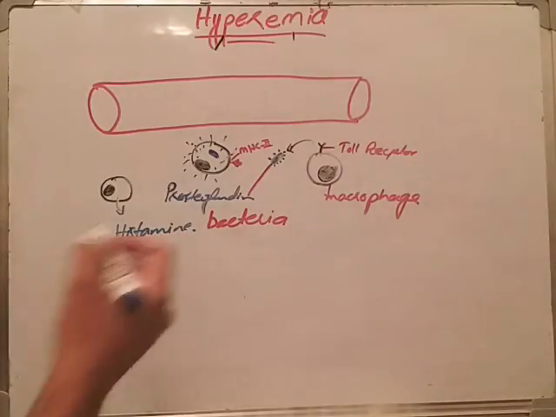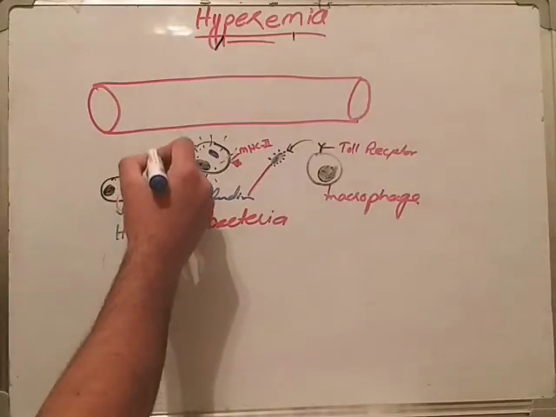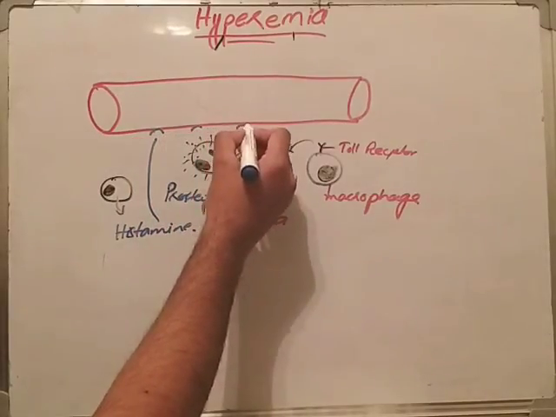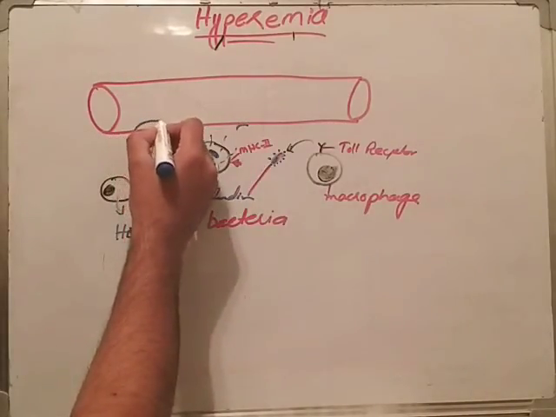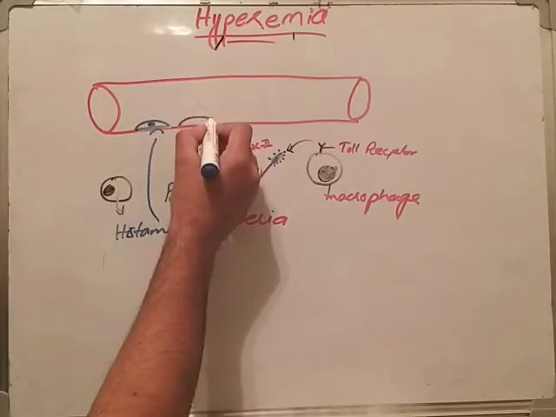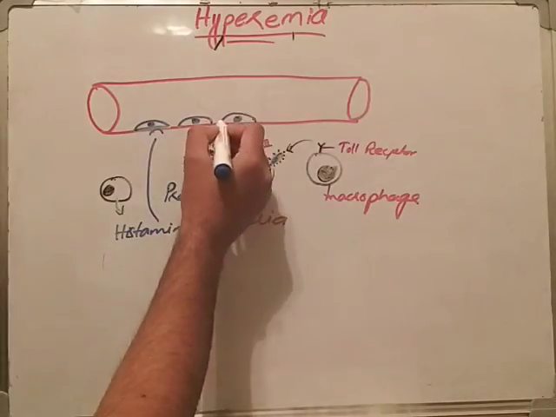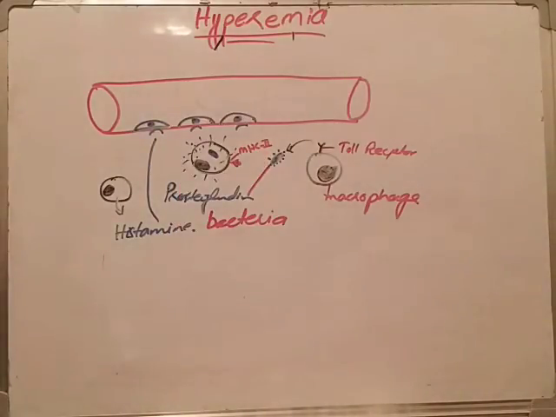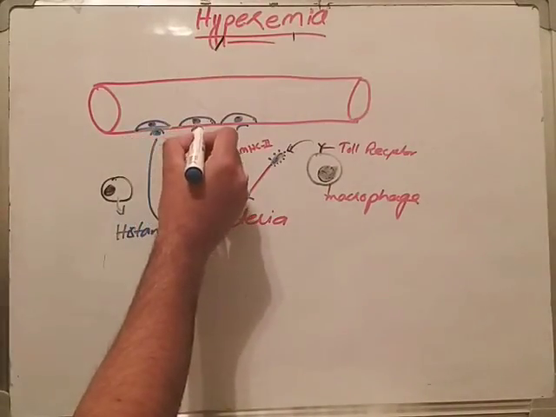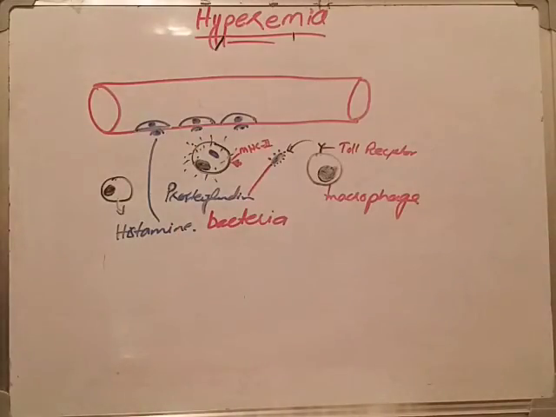So these mediators, prostaglandins and histamines, go and have receptors on the blood vessels. These are the endothelial cells. Once these mediators reach here and attach to the receptor, they cause two things.